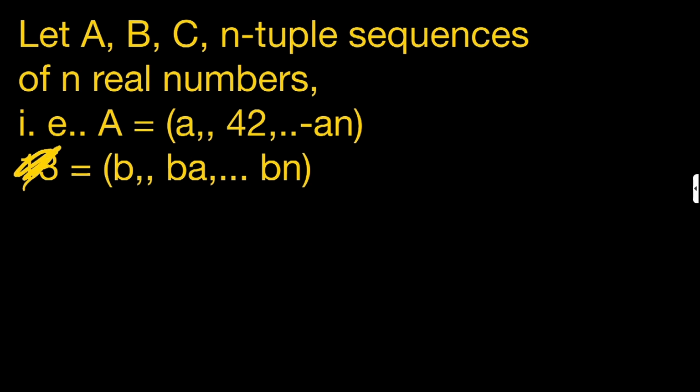This is supposed to be B. Okay, well, what we're dealing with here are points and vectors. And most importantly, just points right now. And this definition gives us an understanding of what points are.